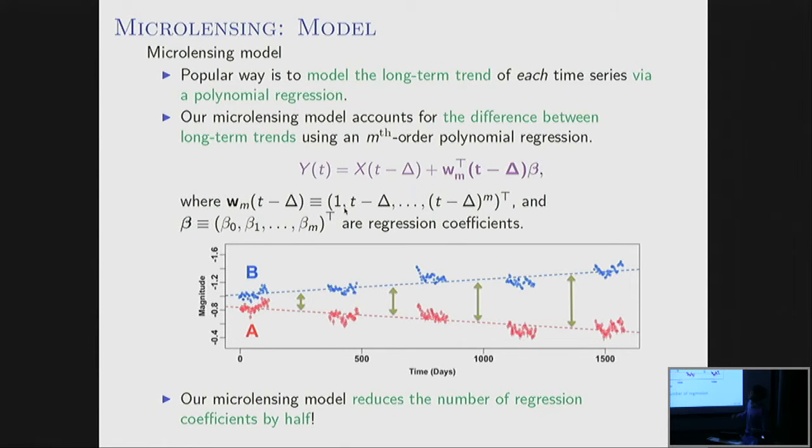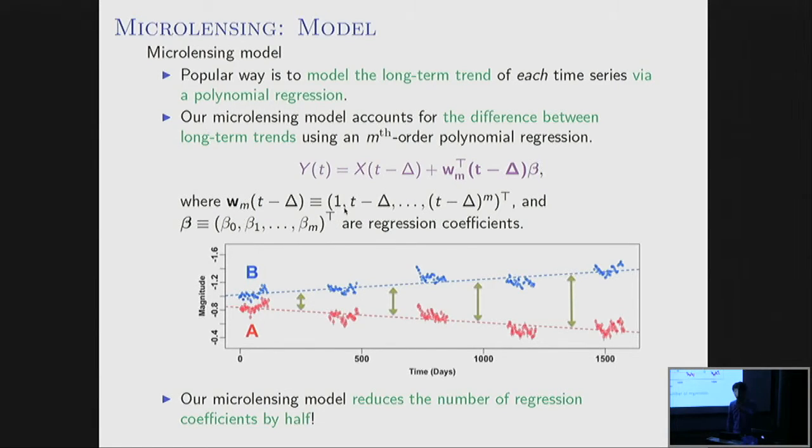But our method is a little different because we are accounting for the difference between the long-term trends. For example, we are accounting for the capital Y minus capital X by the polynomial regression. So the advantage is that if you use the popular method, then you need 4 parameters: intercept and slope for each time series.